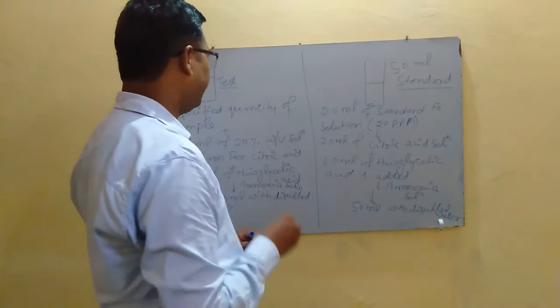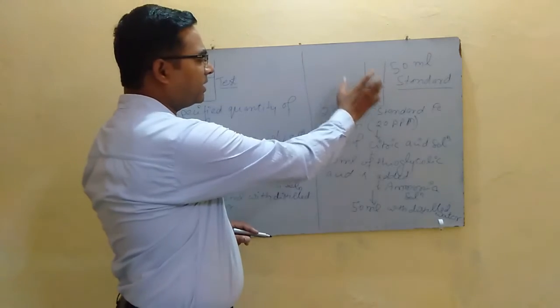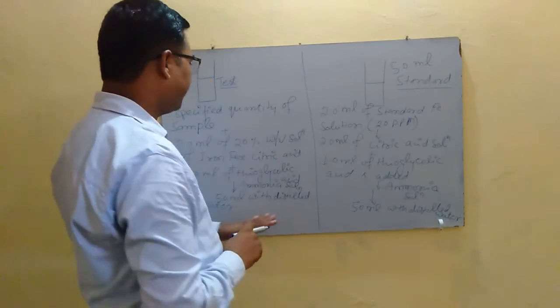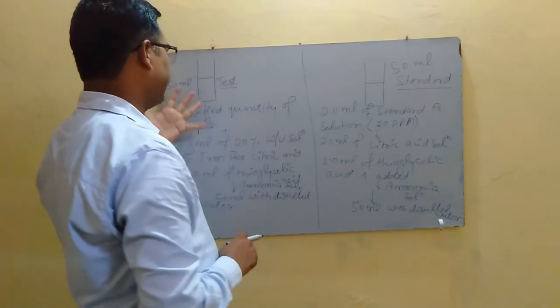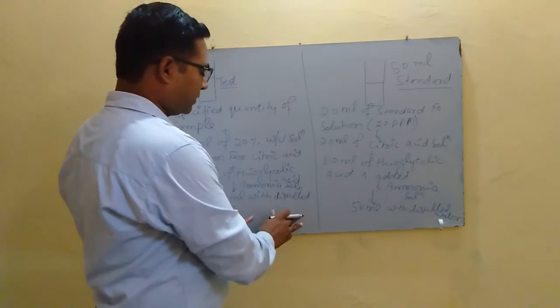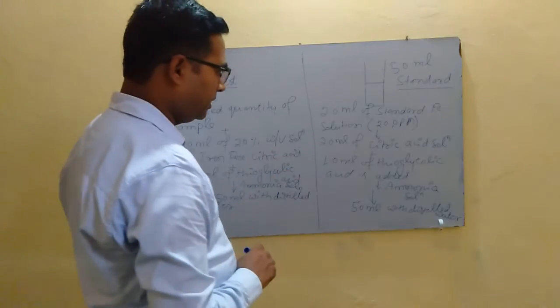But if the intensity of color in the standard Nessler cylinder is less than in the test Nessler cylinder, then our sample fails the limit test. So this is the procedure for the limit test of iron.